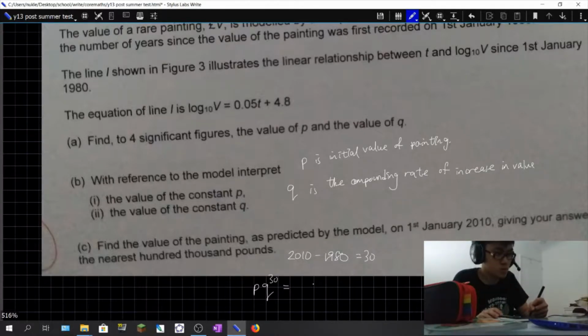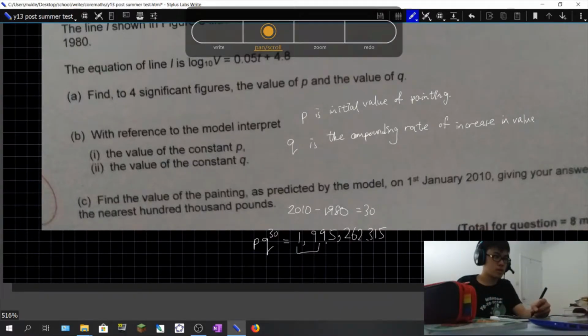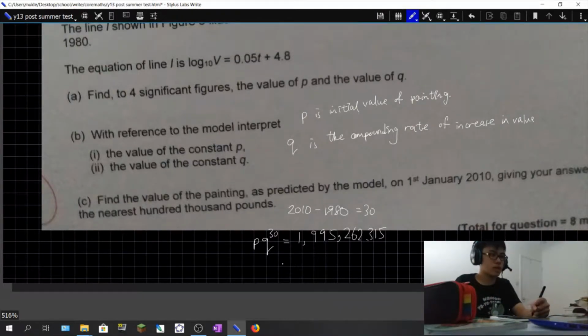That's going to be equal to, oh my god, 1,995,262.315. That's nearly 2 million. And we want to round it to the nearest 100,000 anyway. So that's basically 2 million. 2 million pounds. Boom. There you go. Nearest 100,000.